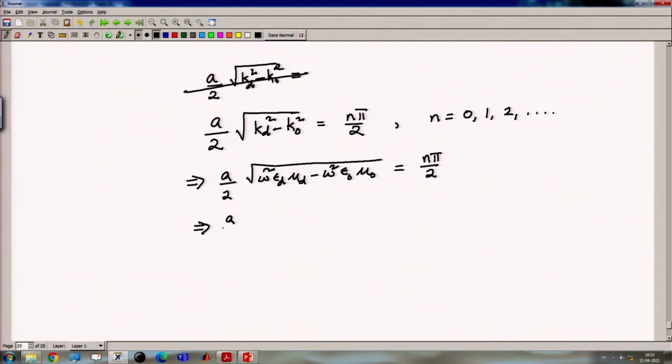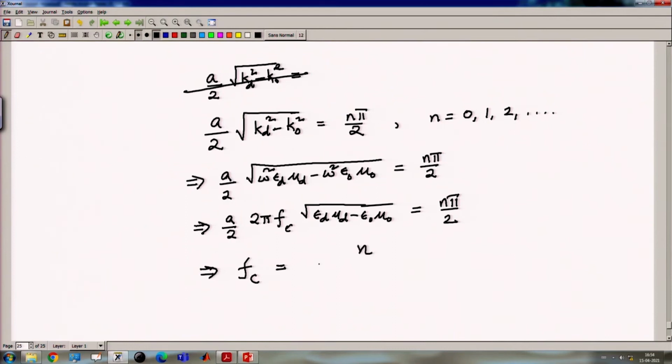Which can be written as a by 2, replacing omega by twice pi f c, where f c is the cutoff frequency, root of twice pi f c root of epsilon d mu d minus epsilon naught mu naught equal to n pi by 2, which implies f c is equal to n by twice a root epsilon d mu d minus epsilon naught mu naught. Let us call this equation 33.